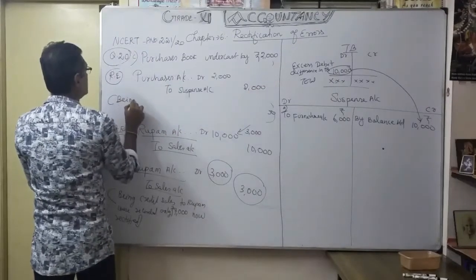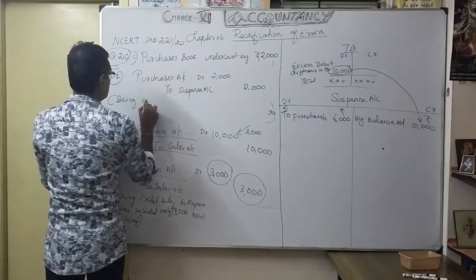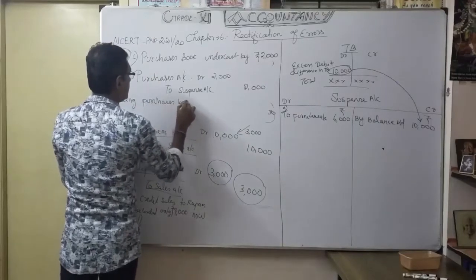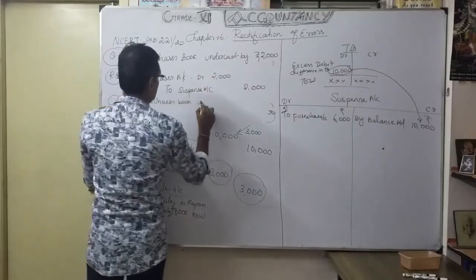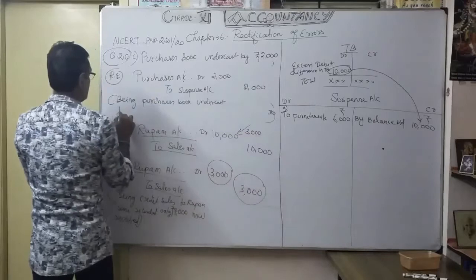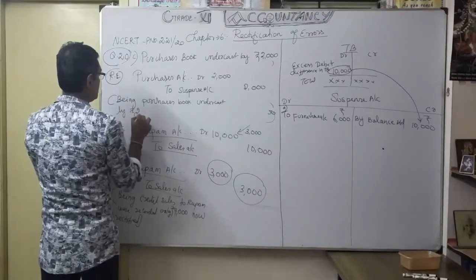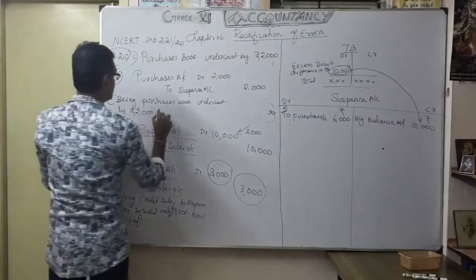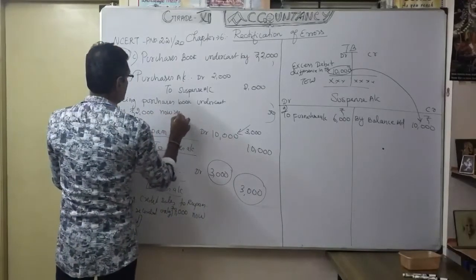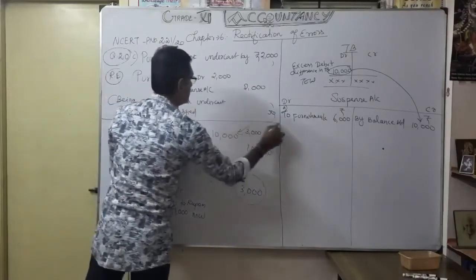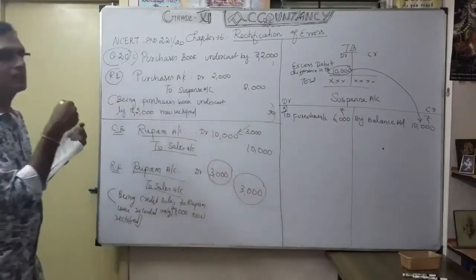Being purchases book under cost by 2,000, now rectified. That's our third transaction.